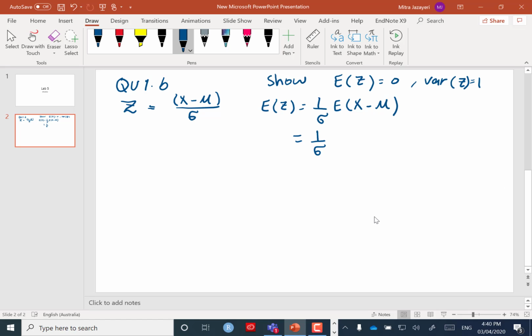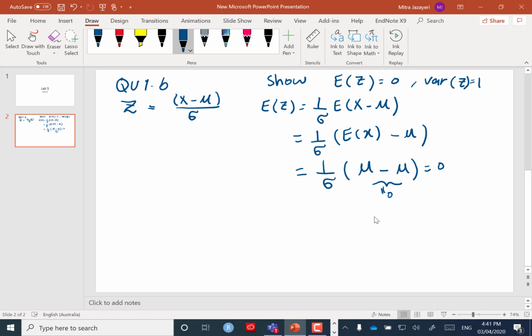Then we will have expectation of x minus mu, because mu is already a constant. So that one is equal to 1 over sigma, and expectation of x is equal to mu, minus mu. This is equal to 0. Therefore, expectation of z equals 0.